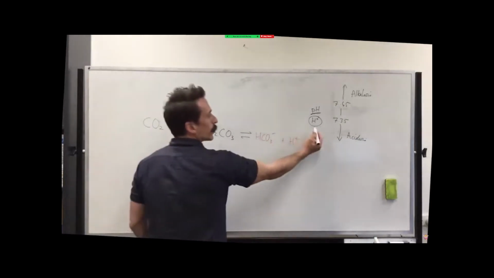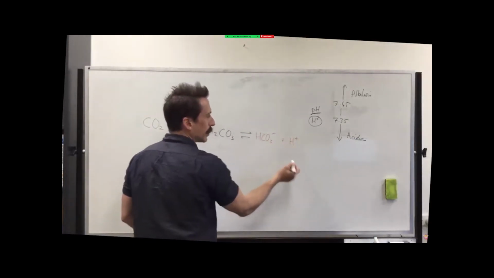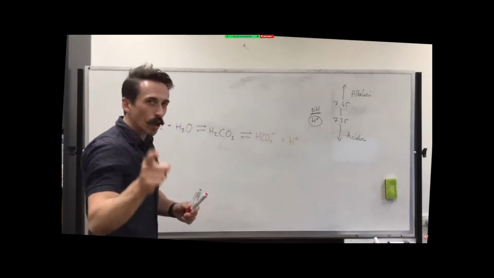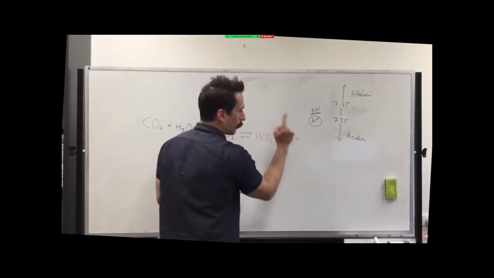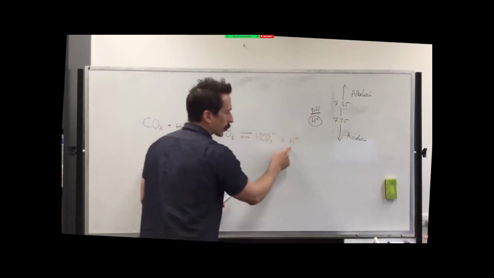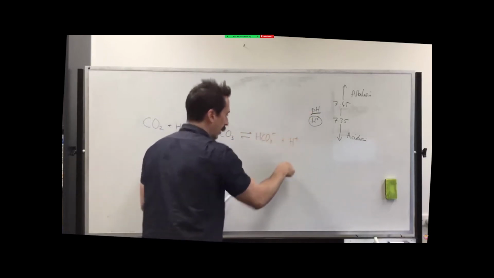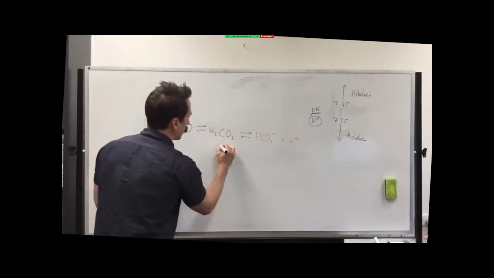When we measure pH, we're just measuring this. So if somebody has acidosis, it means the concentration of this is going up. If they have alkalosis, the concentration of this is going down. Now, think of this on a seesaw.